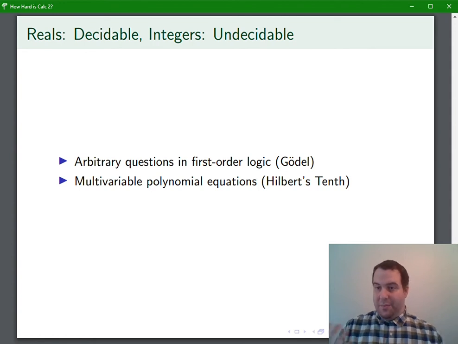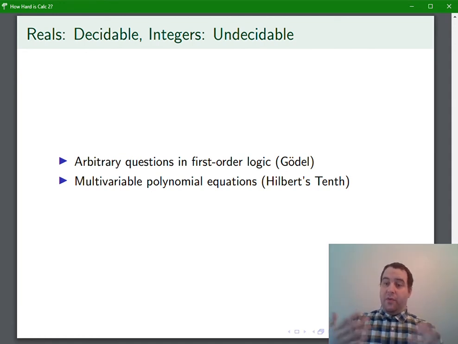Kind of the big example being that arbitrary questions in first order logic about the integers are undecidable. That's Gödel's incompleteness theorem. And multivariable polynomial equations, we call them Diophantine equations when we're dealing with integers, are undecidable due to the negative result to Hilbert's 10th problem. And so if we're dealing with integers, these sorts of questions wind up being very undecidable.